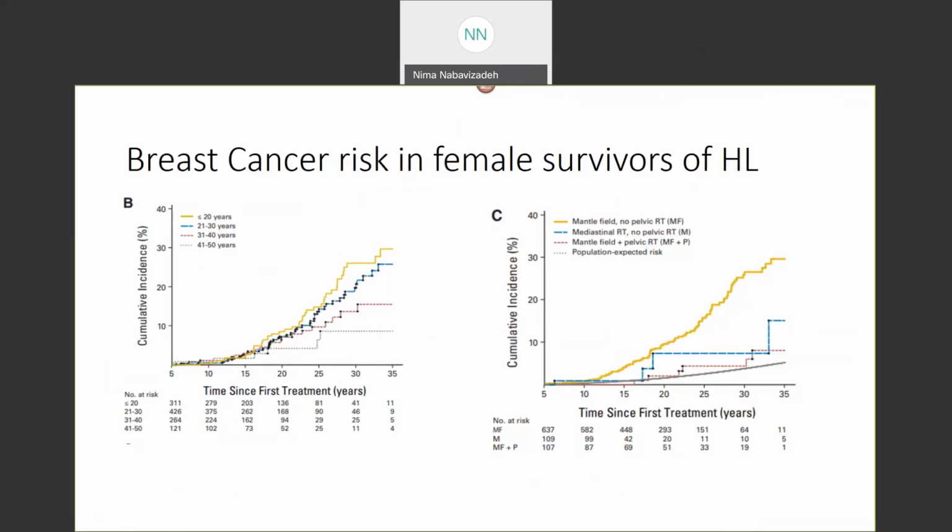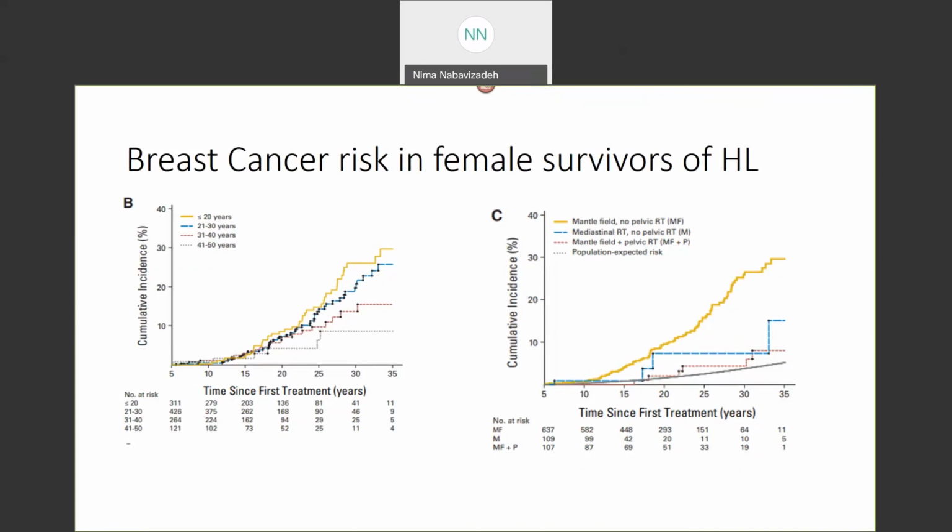And then for young women who present with mediastinal axillary tumors, we always talk about the risk of breast cancer long term. Again, our goal for all these patients is to create long-term survivors, and weighing the risk of breast cancer with the benefits of radiation therapy is very important.